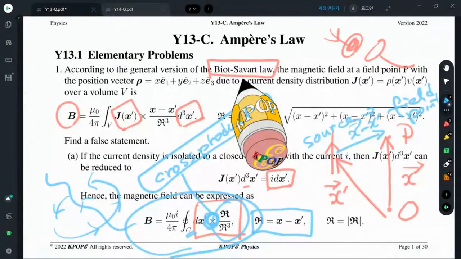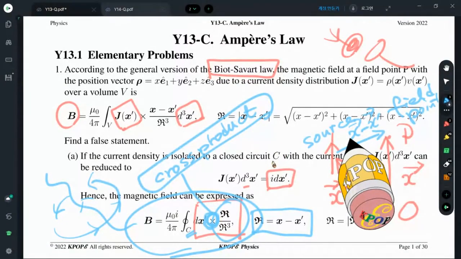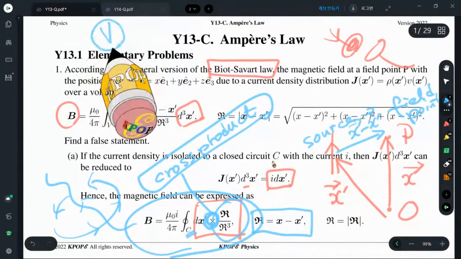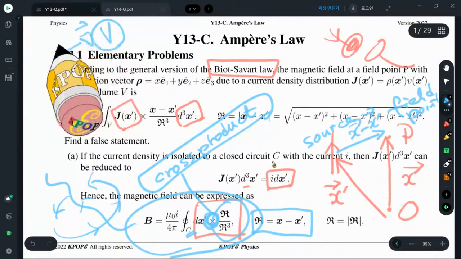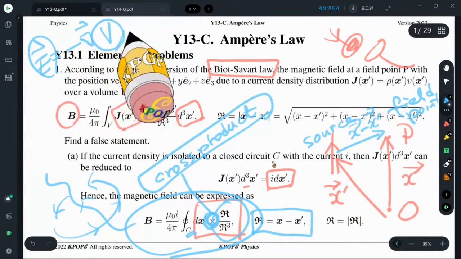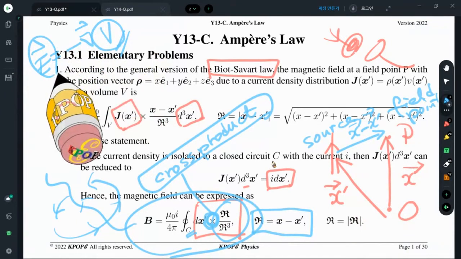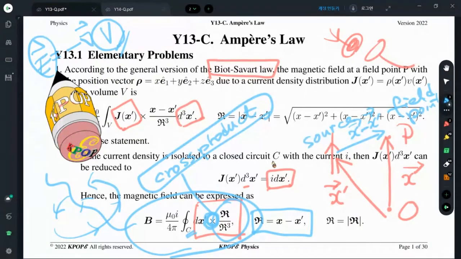This is the same as the case when we compute the electric field. We first evaluate the electrostatic potential and take the minus gradient to find the electric field. Because this scalar is much simpler to evaluate than the electric field using Coulomb's law.